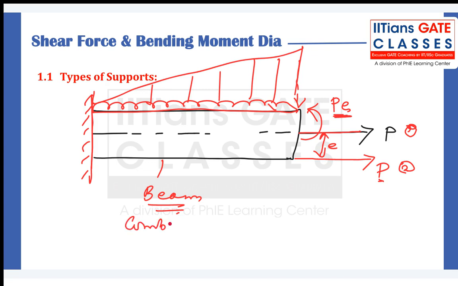Combined load means it will undergo axial load, transverse load, or it may also be subjected to torque. Clear? So that means you need to analyze for each load case. Axial plus transverse plus twist. Okay?